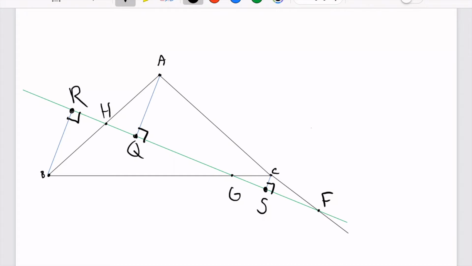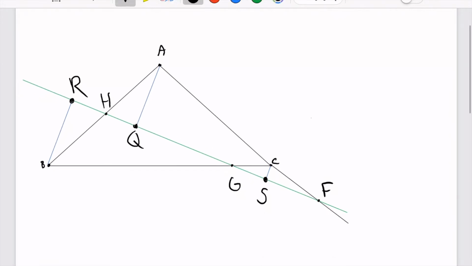All right, now I'm going to erase these little 90-degree symbols because they clutter up the diagram. So just remember that those angles are 90 degrees.